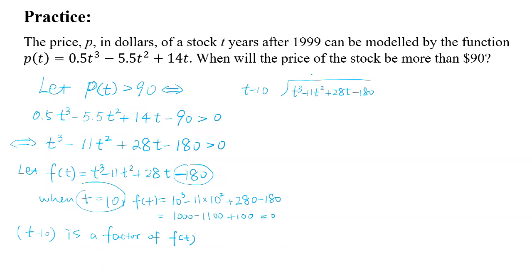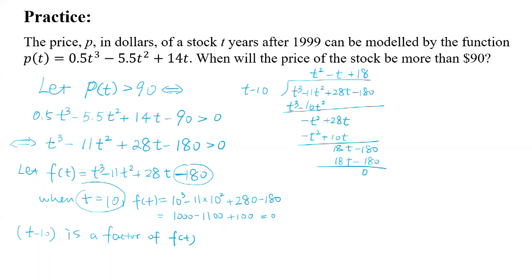Okay, t minus 10, we can put a t squared here, t cubed minus 10t squared, minus t squared plus 28t. And then we can put a minus t here and minus t squared plus 10t, and 18t minus 180. We can put an 18 here, right? 18t minus 180, which gives you a remainder of 0.